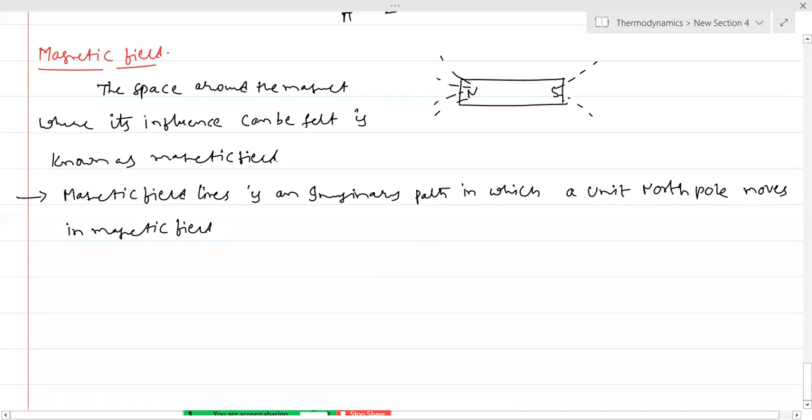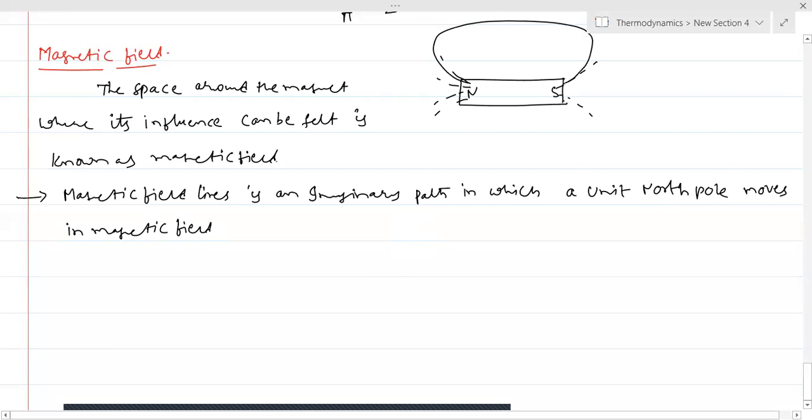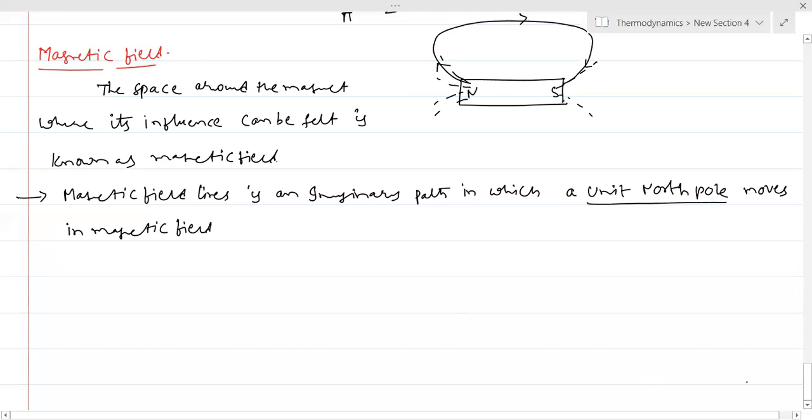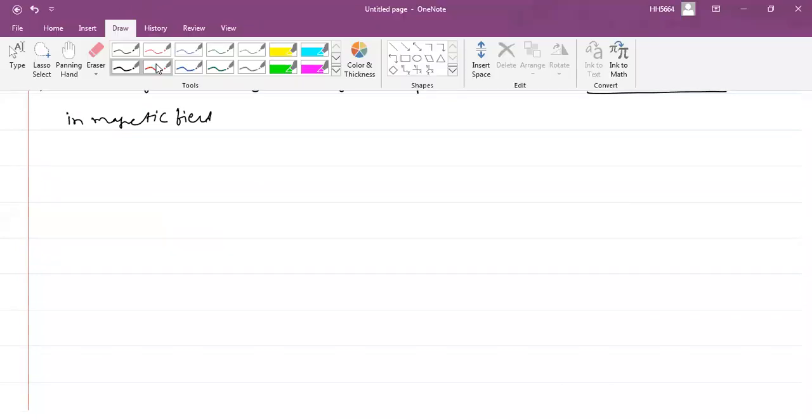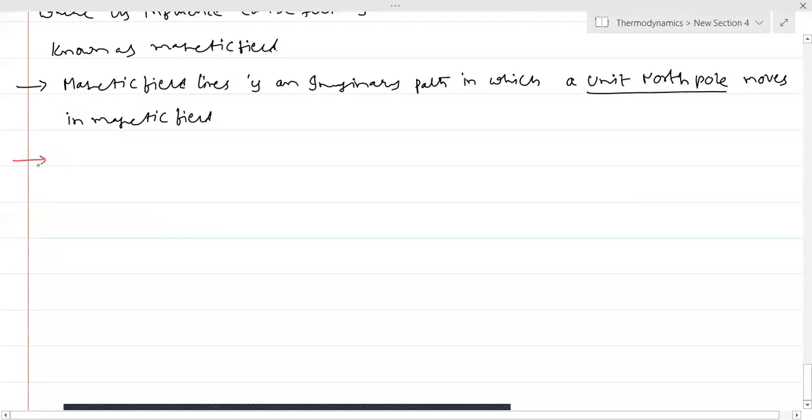So that means suppose I imagine lines of force like this, which originate from north and move towards south. That line is treated as the path of a unit north pole. This is very, very important in understanding the basics of magnetism. So always the line of force is the path of a unit north pole.